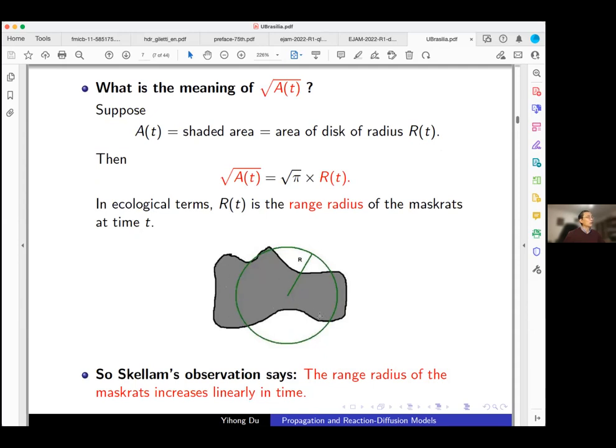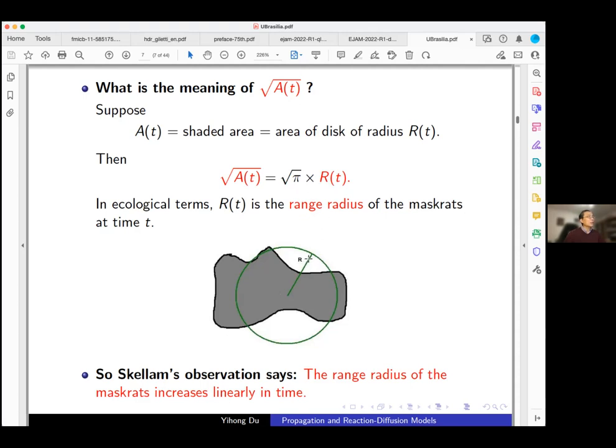This shaded area, in ecological terms, is the population range at a particular time T. And this R is called the range radius at time T of this population, well, these species, muskrats. Now in mathematics, of course, we know the square root of A(t) equals this universal constant times R(t). So therefore, the square root of A(t) is proportional to the range radius.